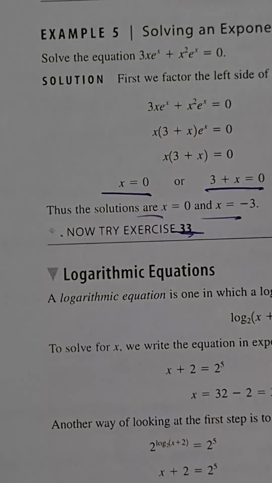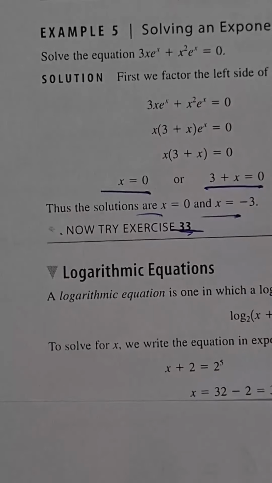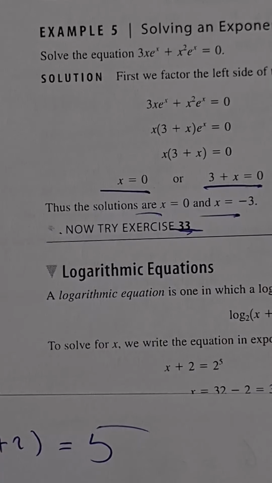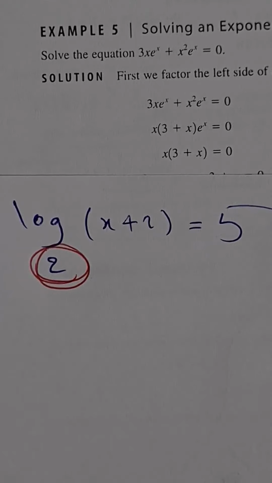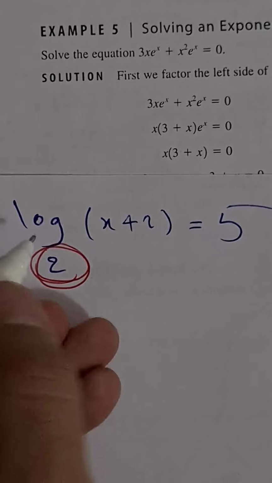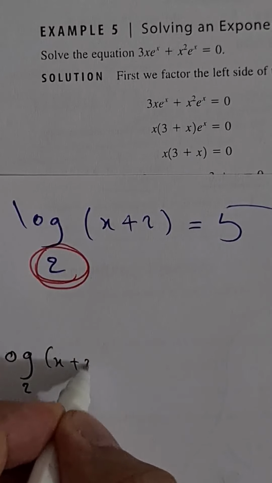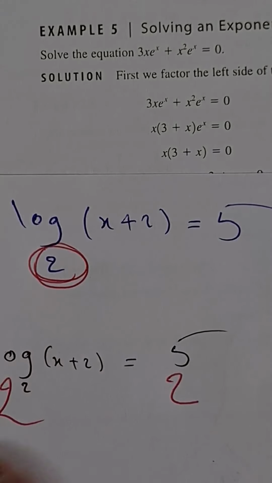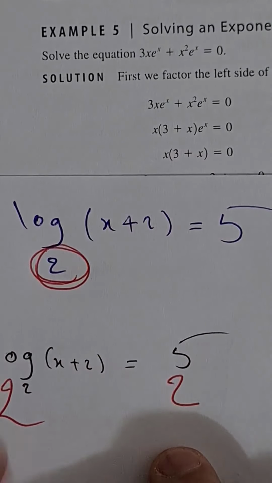How we solve this one is very easy. Just pay attention. For example, if I have log base 2 of x plus 2 is equal to 5. I am taking my focus on the base. So I will raise up this equation to the power 2, because I have base 2 here.